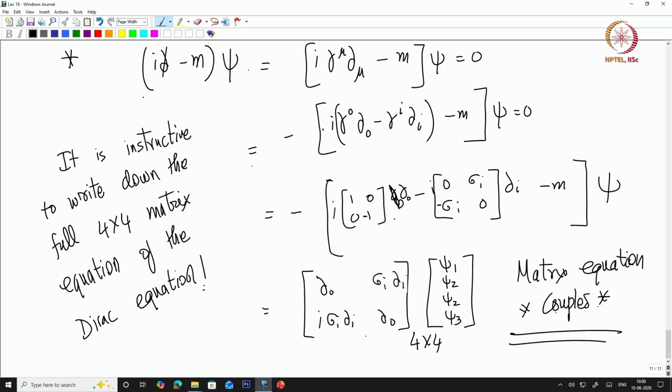So this simple notation looks so simple and very easy and charming, but it is actually a complicated equation. It is a complicated equation with a 4 by 4 matrix multiplying, and there is also an m sitting here, essentially in the time direction, in the diagonal form.